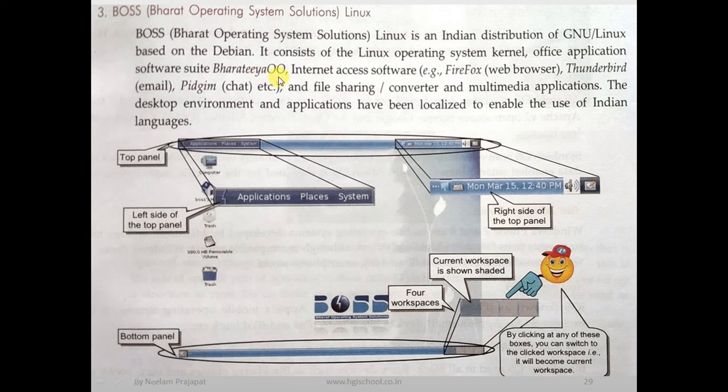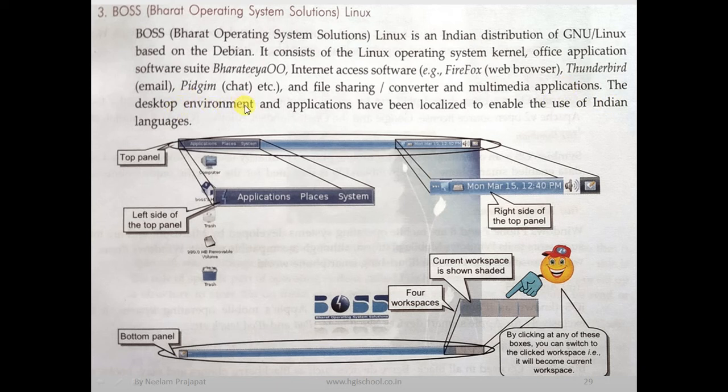Okay, Bhartiya OO. Then internet access software is there: Firefox web browser, Thunderbird for emails, and Pidgin for chat. File sharing, converter, and multimedia applications are also there.